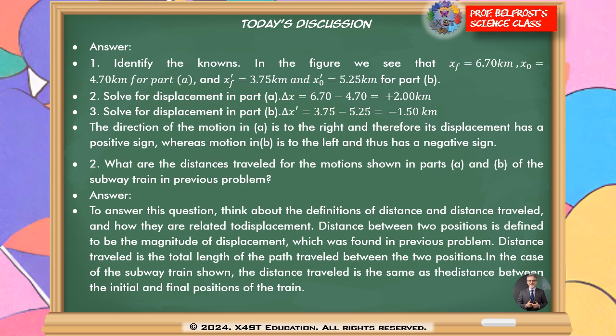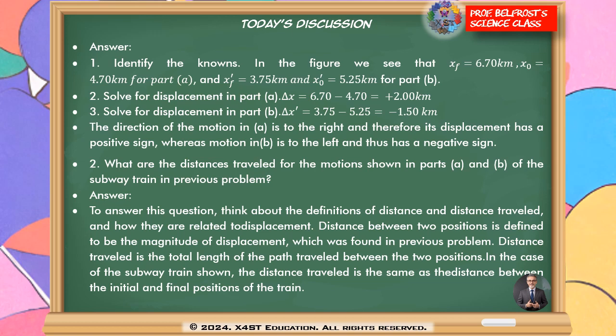It's actually very important, but I'm just being lazy to write it for you. Solving it, for part A it yields plus 2.00 kilometers, and for part B it is minus 1.50 kilometers. It means that for part A the motion is to the right, and for part B the motion is to the left.